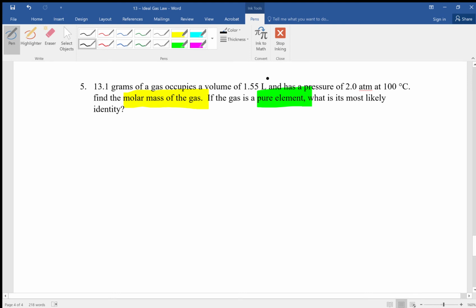But here we're given volume, pressure, and temperature. So it's going to be very straightforward to solve for number of moles.